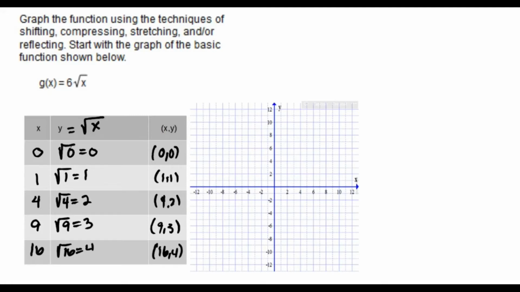So we'll plot those points. We have (0, 0), (1, 1), (4, 2), (9, 3), and 16 is going to be a little bit off our picture, so that's 13, 14, 15, 16, (16, 4) would be about there. So this is the graph of y equals square root x.